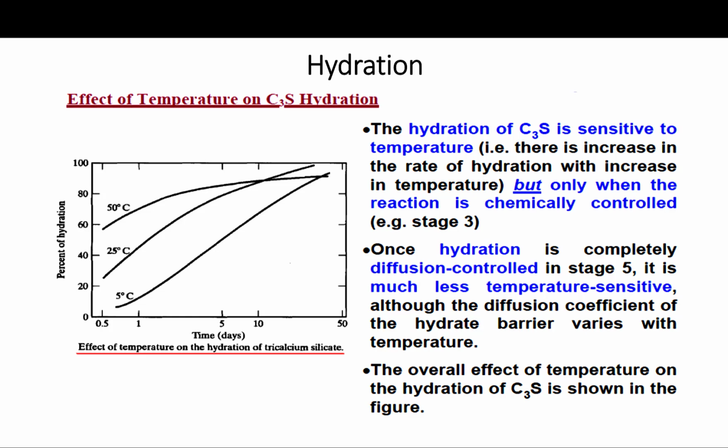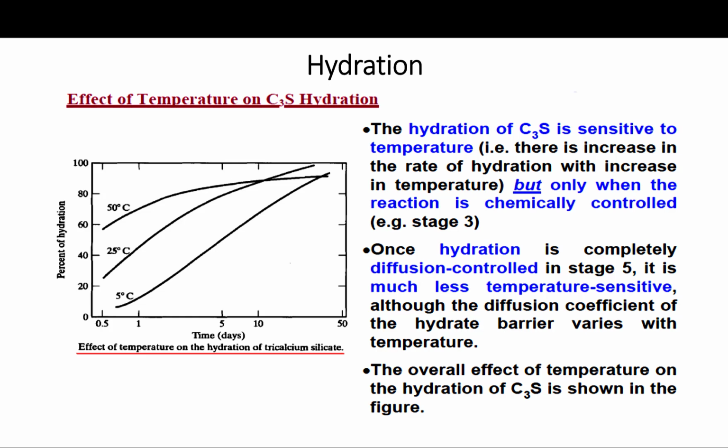Okay, one thing I like to mention about the hydration of C3S is how it's impacted by temperature. As you can see in these curves, the hydration of C3S is really sensitive to temperature, meaning there is an increase in the rate of hydration with the increase in temperature, but only when the reaction is chemically controlled.